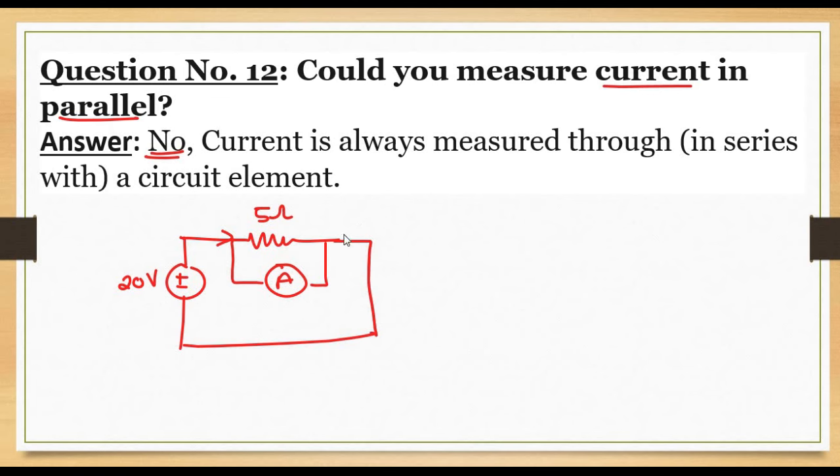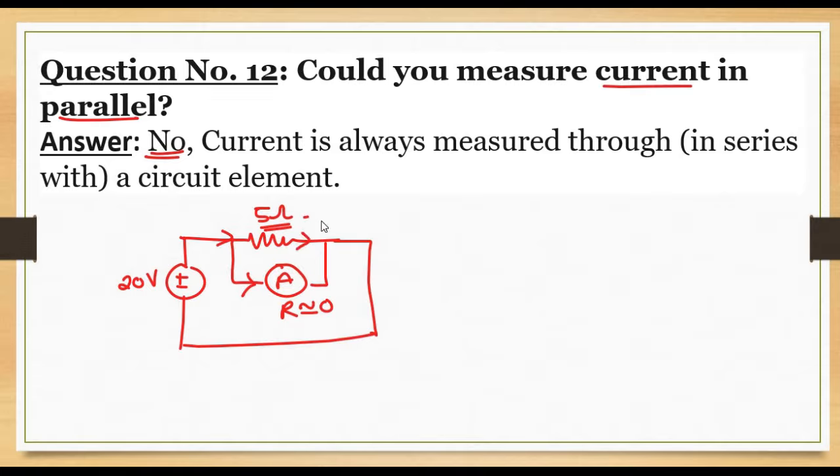In this condition, the resistance of the ammeter is negligible, considerably 0, but the resistance of this resistor is 5 ohms. So all the current will flow through the ammeter, which will result in a short circuit, and this 5 ohm resistor will be isolated from the circuit.